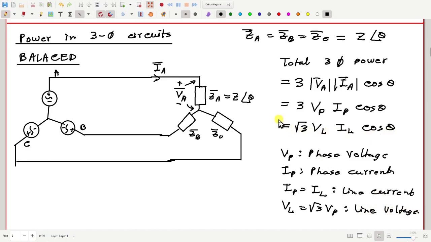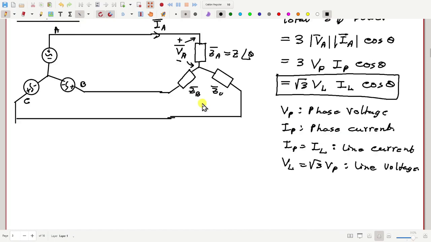Agreed? Yes. You could also write it as 3 times VP IP cos theta. That is also correct. But why I am writing it in terms of VL IL, we shall see soon. So, we have proved this considering the star connection. Now let's see what happens if we have a delta connection.